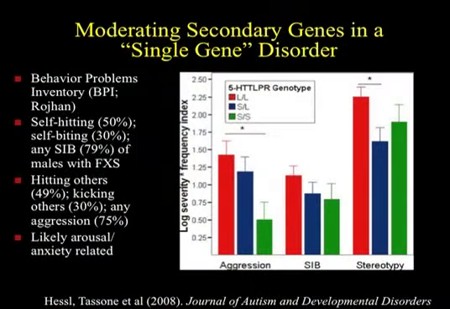And so an interesting finding that we had when we explored this in our population of individuals with Fragile X was that this same gene moderated the amount of aggression that males with Fragile X showed, and it also was a moderator of the amount of stereotypy that they showed.